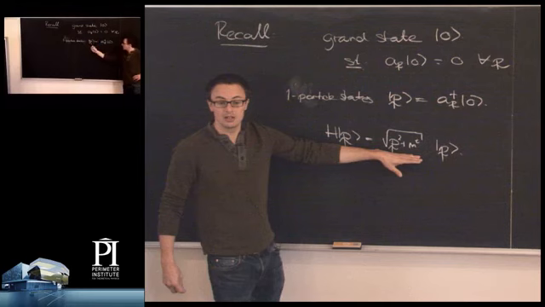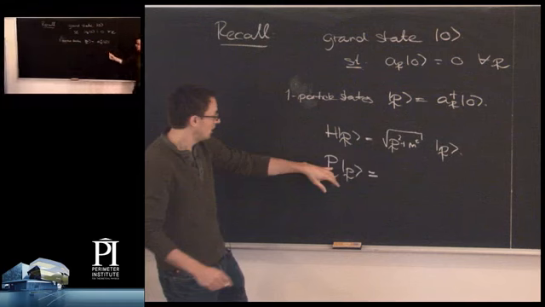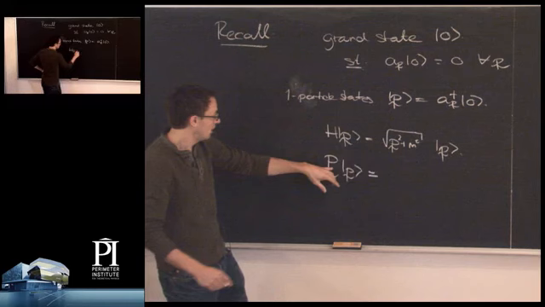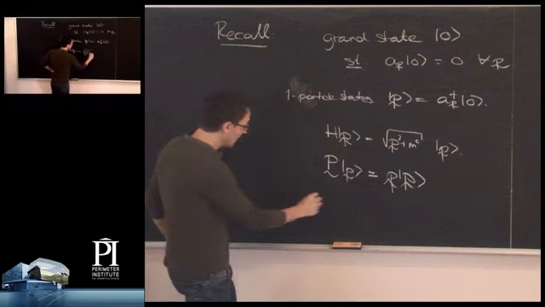And we started convincing ourselves that this does indeed have all the properties that we would expect from a single particle state. So in particular, the energy of this particle, we learned, was the square root of p squared plus m squared. So it's got the energy that's expected of a relativistic particle of mass m with momentum p.